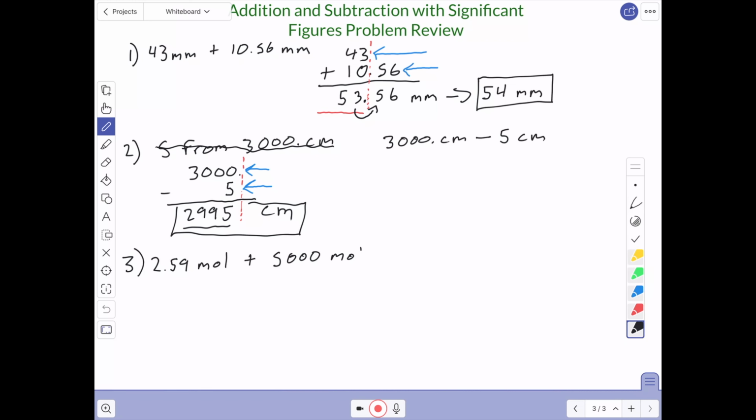This one is just 5,000 moles. Okay, that's how it was written. So, again, set it up vertically. I'm going to get rid of my unit of measurement there to do this. Because we would put 2.59 here, right? Put our moles over here.